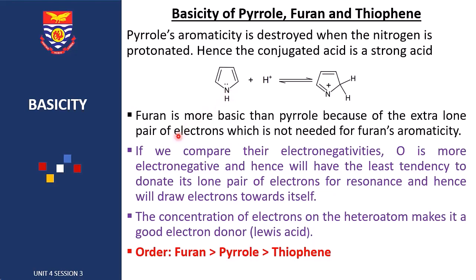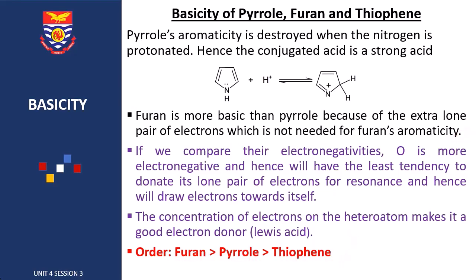So basically, furan will be more basic than pyrrole because of the extra lone pair of electrons it has that can be used as an electron pair donor, making it a good Lewis base, whereas pyrrole is not. So the order of decreasing basicity is furan is more basic than pyrrole, and then thiophene is the least basic.